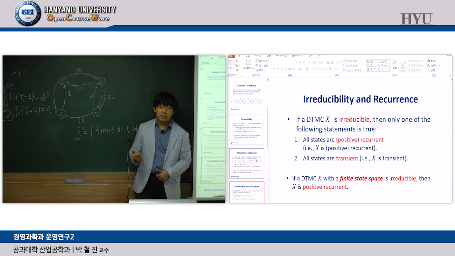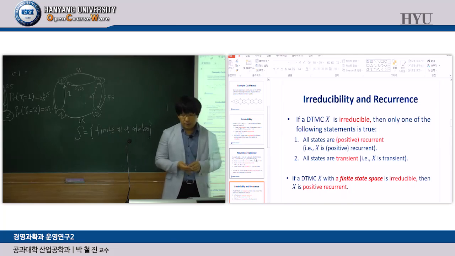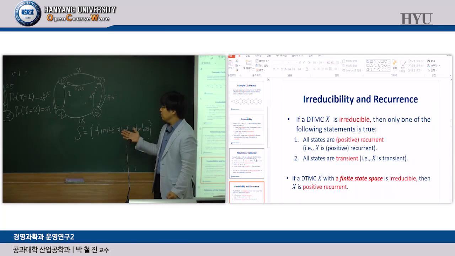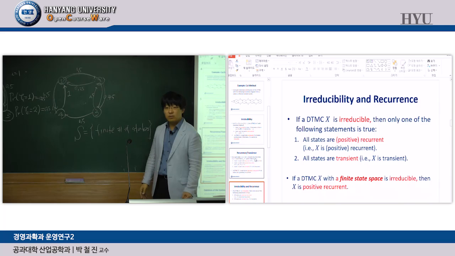Then we need to consider another way to figure it out. But as long as the state space is finite, you can figure out the irreducibility of the chain, and then determine the positive recurrence of the chain.